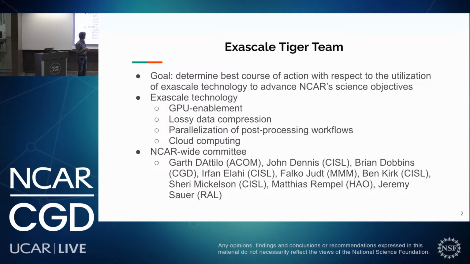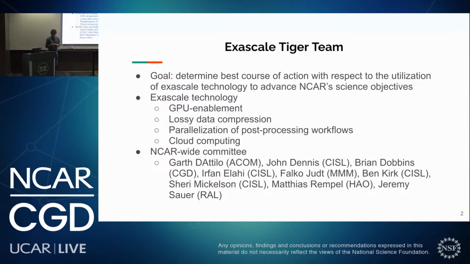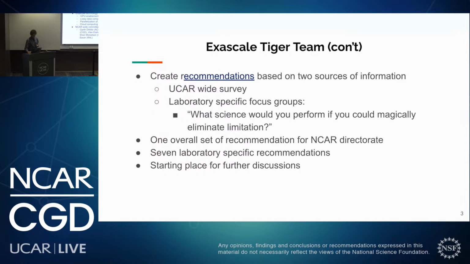And what do we mean by exascale technology? GPU enablement, lossy data compression, parallelization of post-processing workflows, and cloud computing. This was an NCAR-wide committee with the various members listed there, and they all contributed over quite some time. I'm not going to reveal how long it took us.